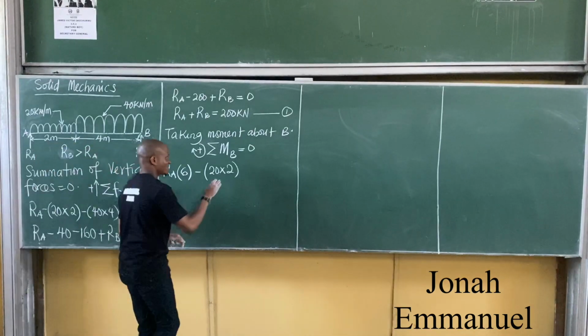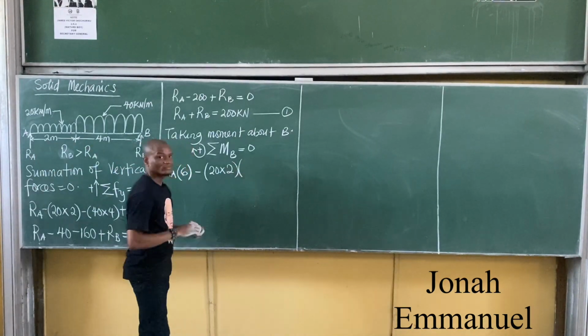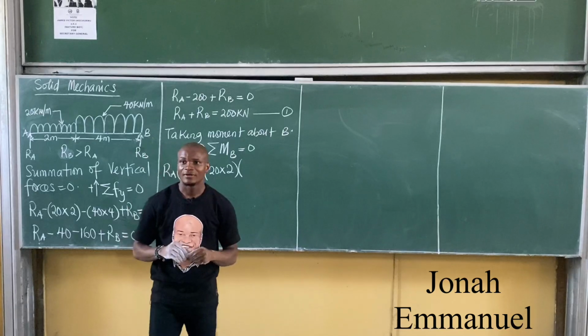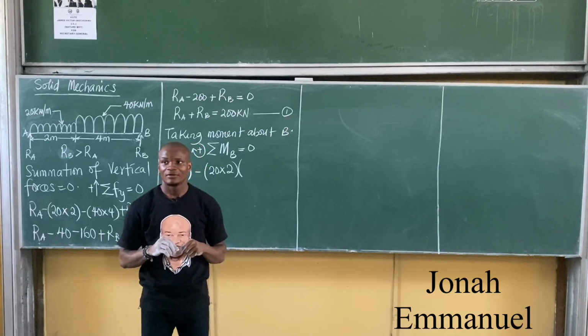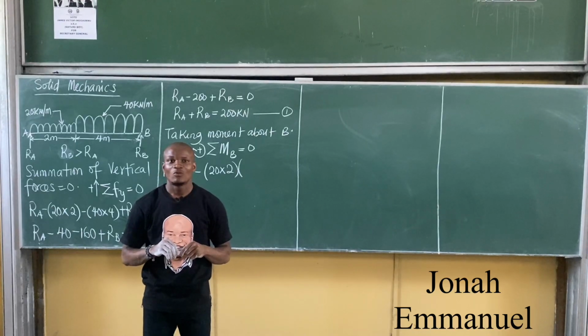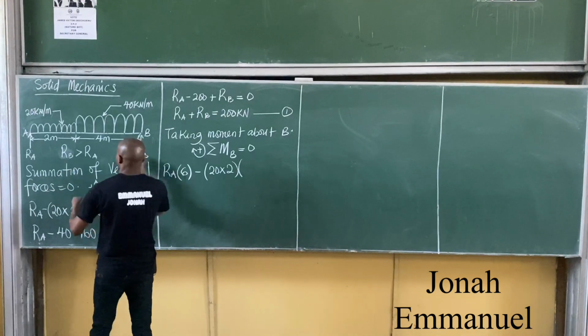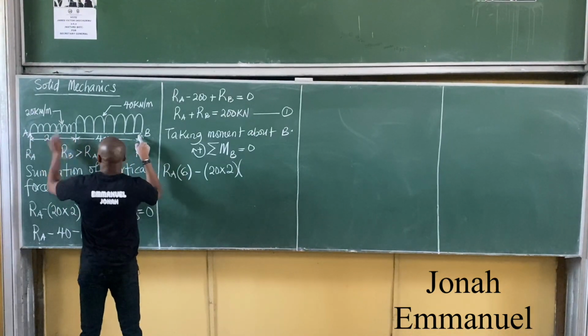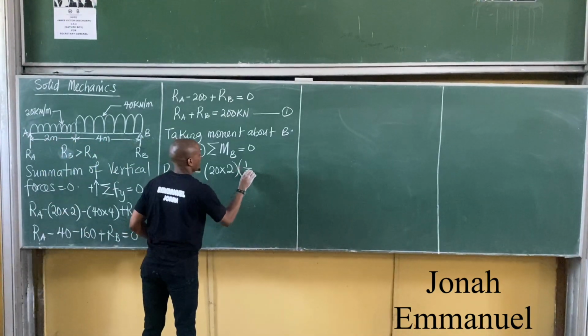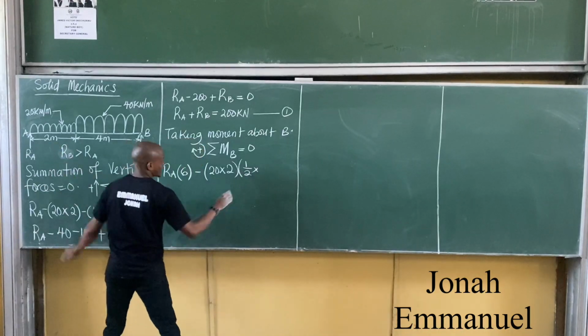Now get the distance. What distance is it? Hold on, see. This becomes half of the UDL length, that's 2.